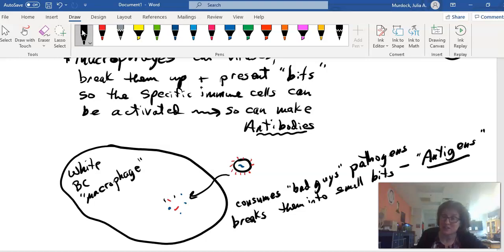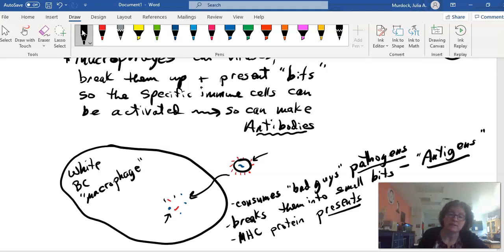There's a very big difference between an antigen, which is a tiny part of a pathogen, and the pathogen. So here's the fully functional pathogen, and here are potential antigens. That's what it does. And then it connects an antigen to an MHC protein, and presents the antigen to your body cells, to your body fluids.